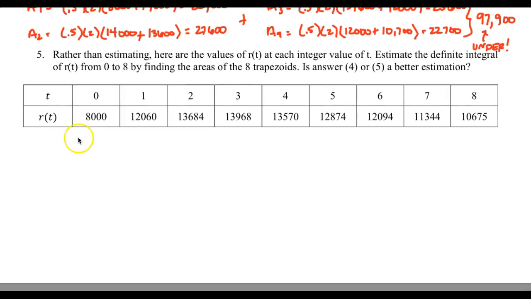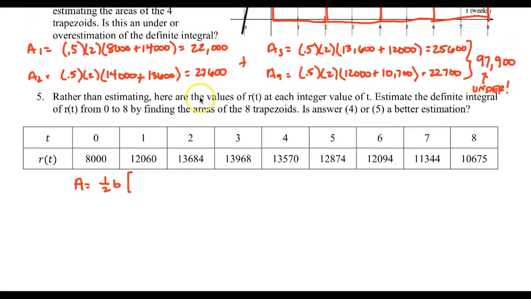And here's a little trick here. If I want to find the total area, I'll use A. The total area is going to be 1/2 the base, which if I have the same base every time, let's say it's 1, that's going to be easy. 1/2 the base times. Did you see up here how my first trapezoid had a first height and a second height? My second trapezoid had the same second height that my first one did.